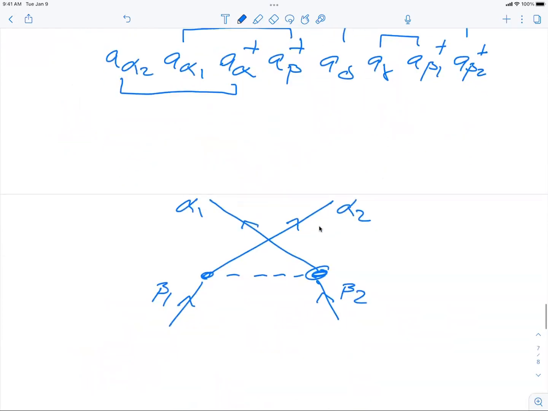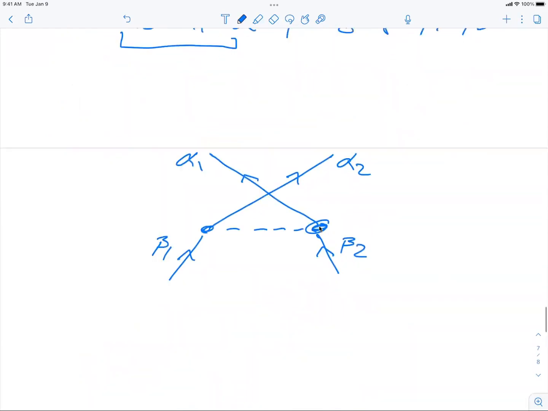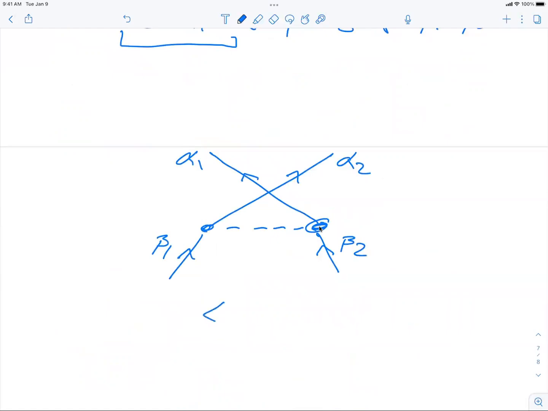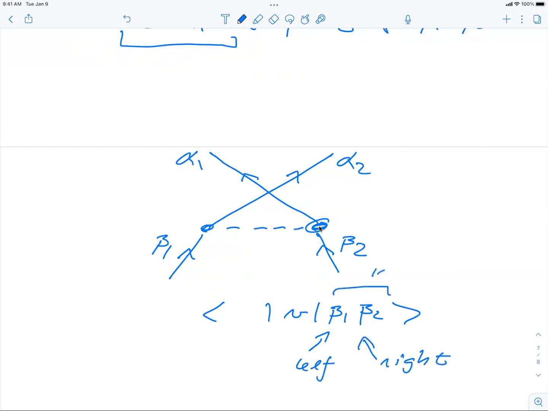So I'm leaving them in the same place in the diagram, but the way I'm going to read this is a little bit different. When I want to read out the analytical expression from the matrix element, I have beta 1 and beta 2. So this is left. This is the right element in the diagram. This is the incoming state.